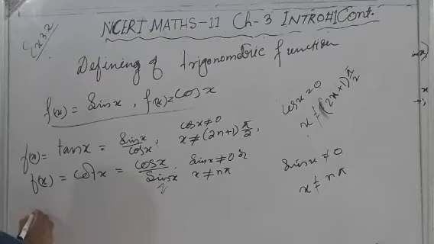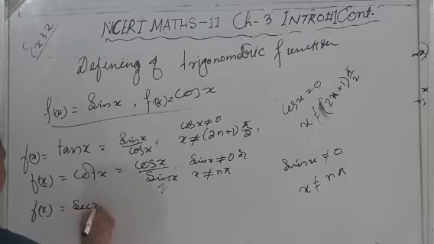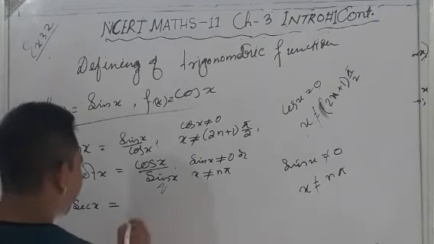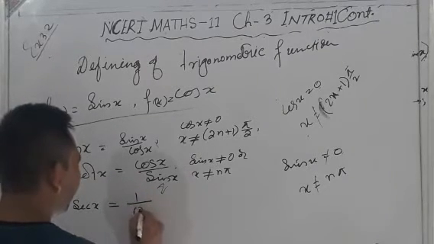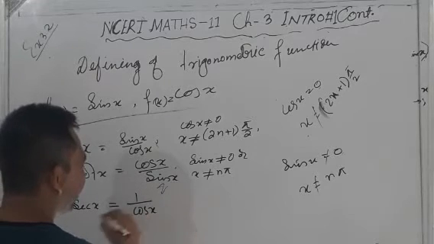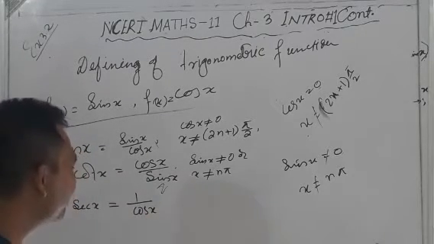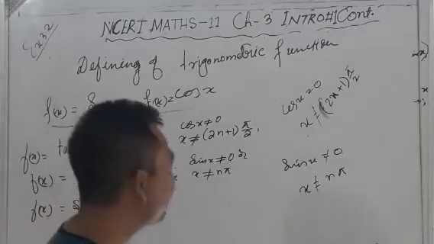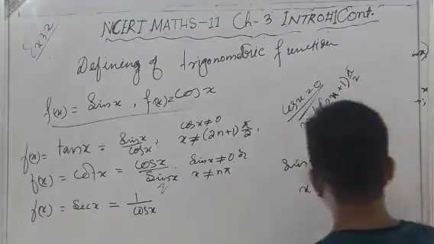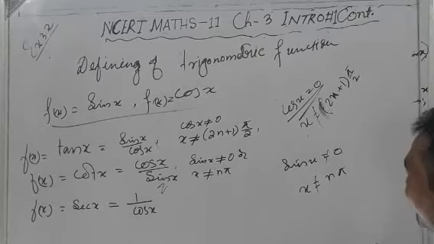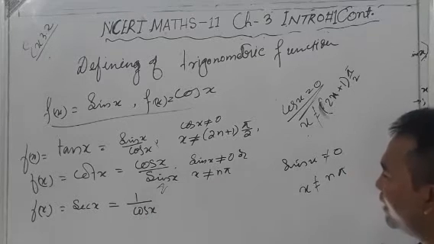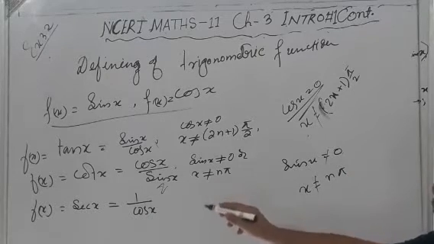Sec x, f of x equals sec x. As we know, the reciprocal of sec x is 1 by cos x. Here also there is one condition. If cos x is equal to 0, then 1 upon 0 is not defined.